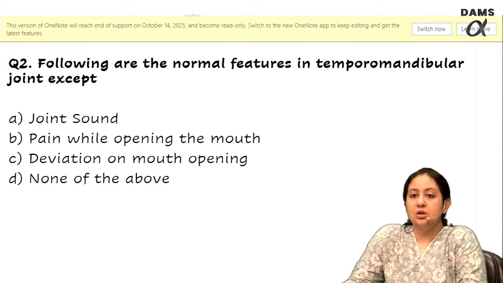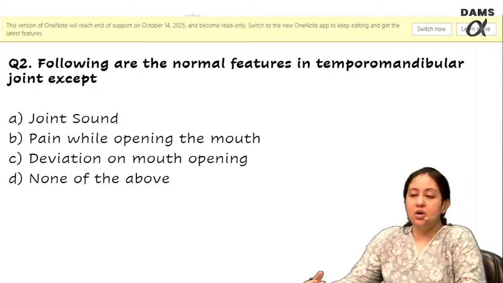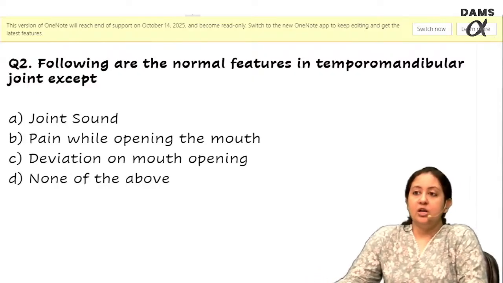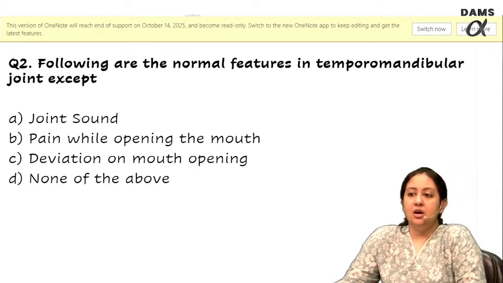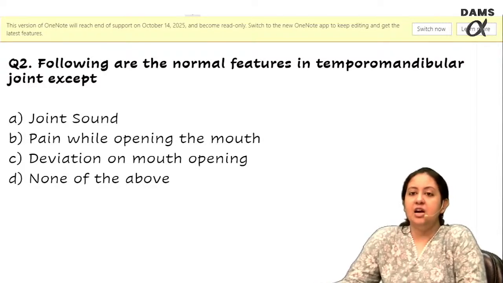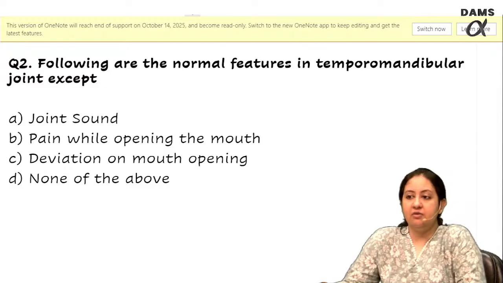So the right TMJ may undergo some wear and tear, but it has still not gone into some derangement process or some underlying issue. It is a normal joint, but due to facing more than normal functional loading, it may develop joint sounds or it may develop deviation. So joint sounds and deviation can be seen in a normal individual as well.